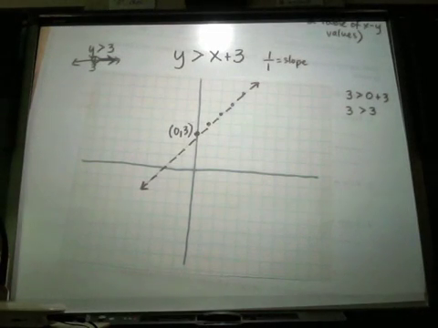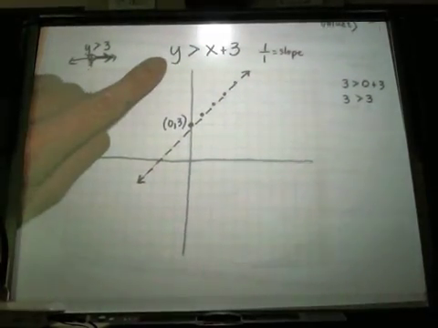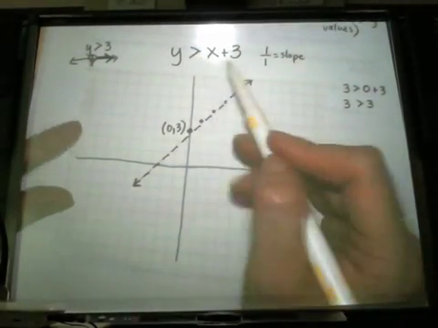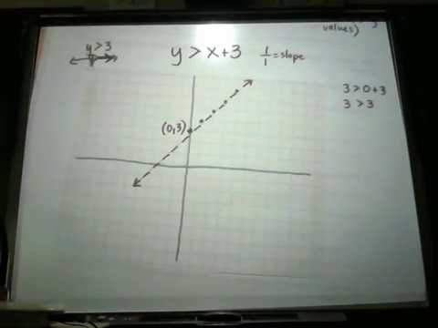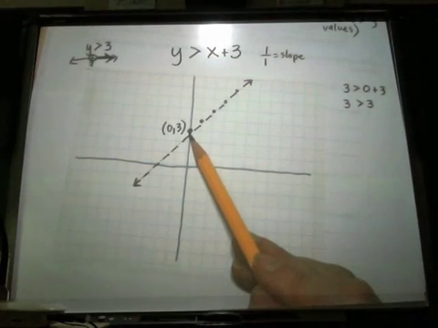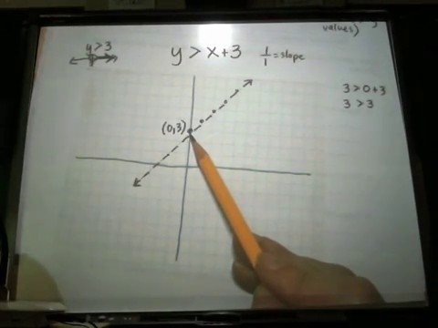So here's what we're going to do to show all the points that work. This says y values are greater than x plus 3. From where my line is, right here on the y-axis, I'm looking where it crosses the y-axis.